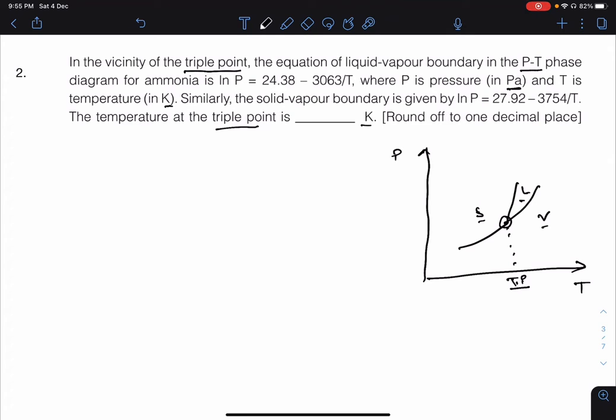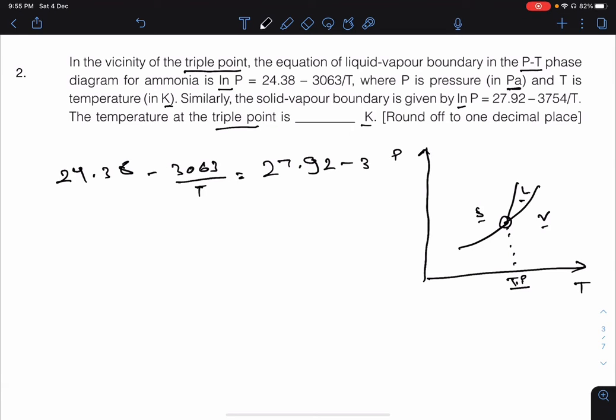So we can equate both the equations for ln P. So we can write 24.38 minus 3063 divided by T is equal to 27.92 minus 3754 divided by T. We will multiply the whole equation with T, and the result that we will get after solving this equation is T is equal to 195.197 Kelvin.